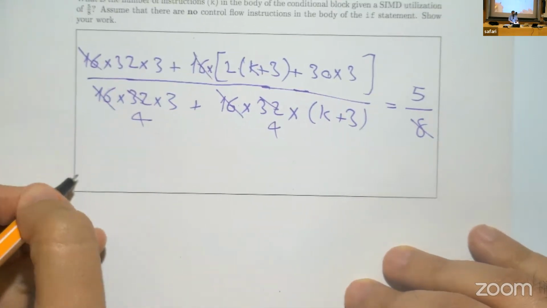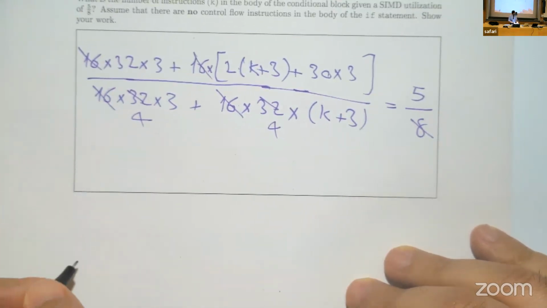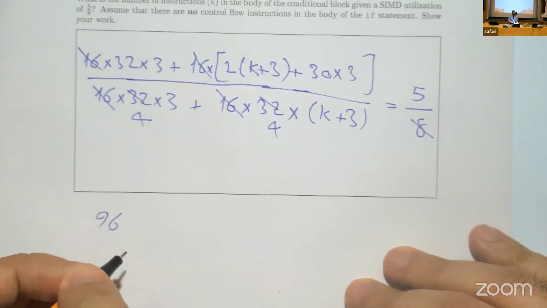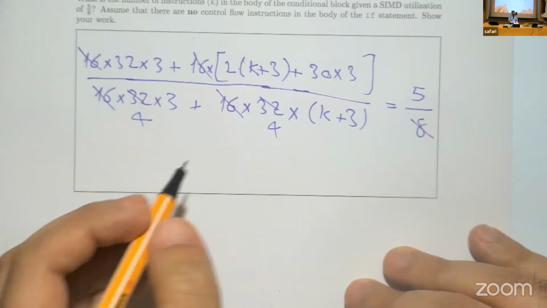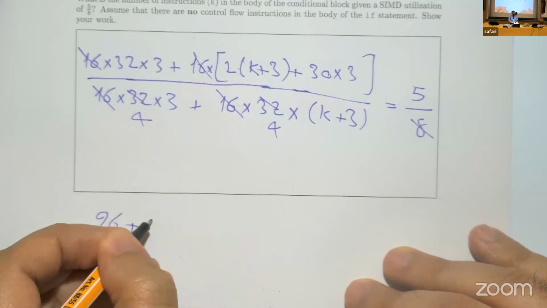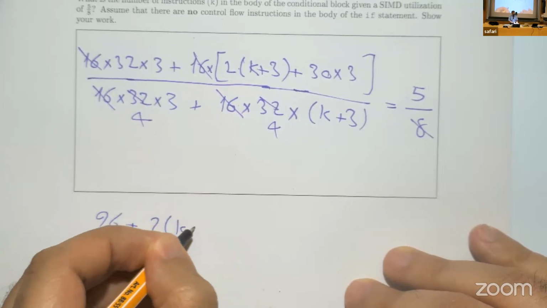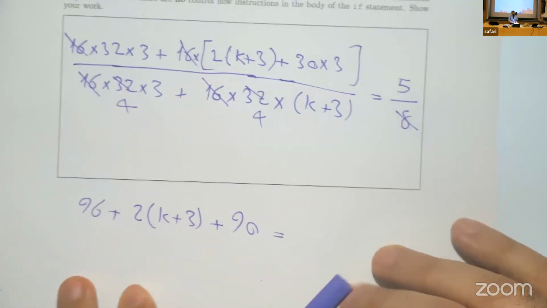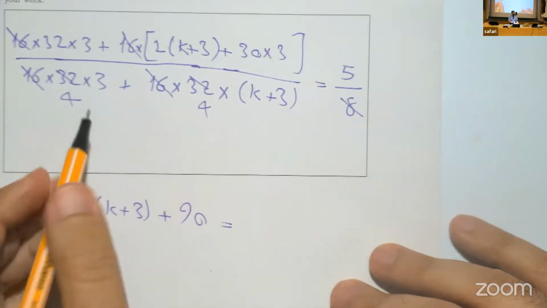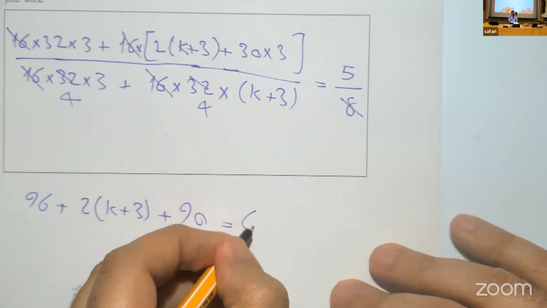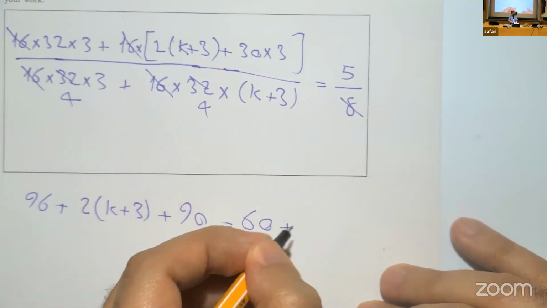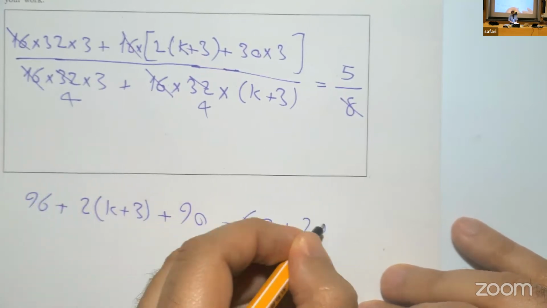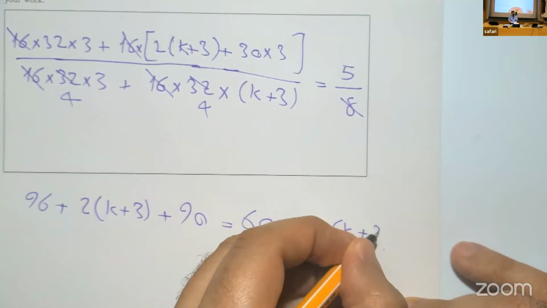Then we would have, okay, I think right here, 96 plus 2 plus 3 plus 90 equals 560 plus 20 plus 3.